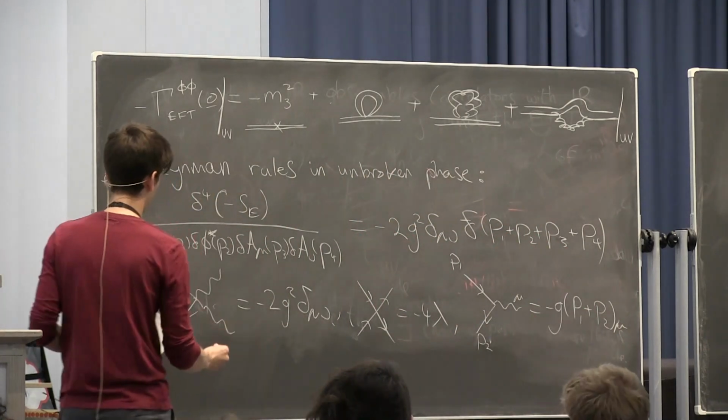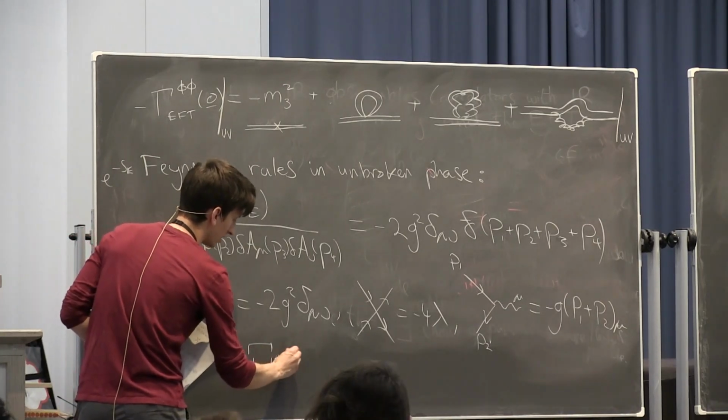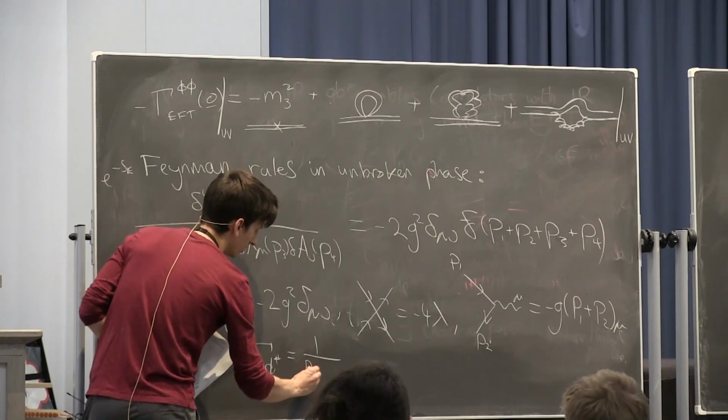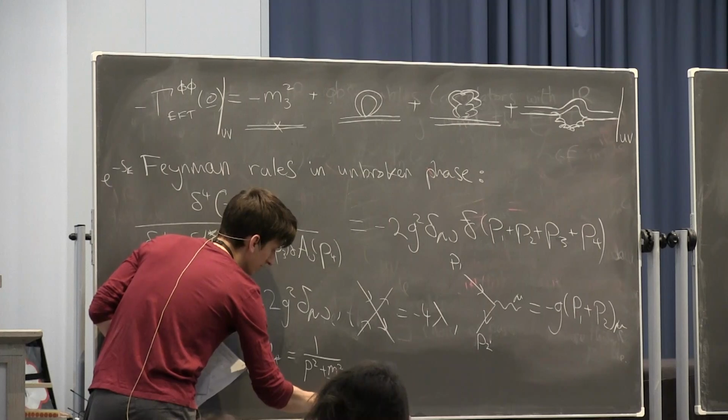And then we have the contractions. Phi with phi star gives 1 over p squared plus m squared, where m squared is actually minus mu squared.